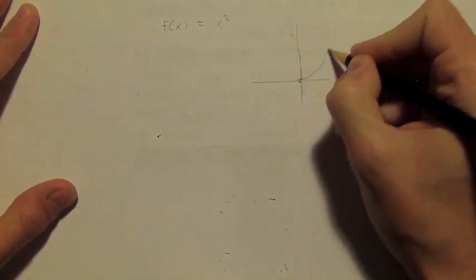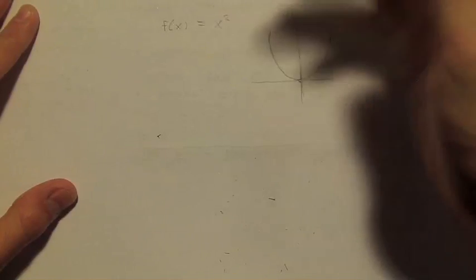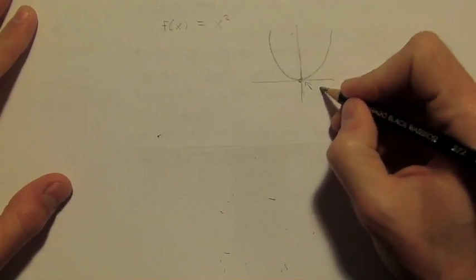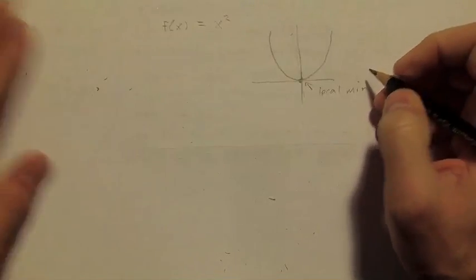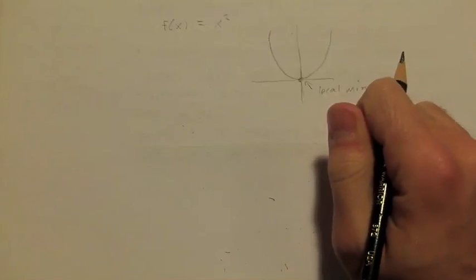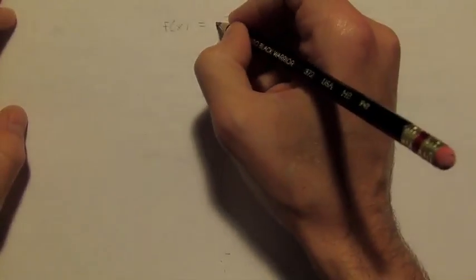So here at 0, we already know that it has a local min. And it's essentially a global min, right? But we're going to use the first derivative test to show that this is a local min, and we're doing this just to introduce us to this idea. Obviously, with x squared, we already know it's there. But we're going to use this same process on functions that are a lot more difficult.